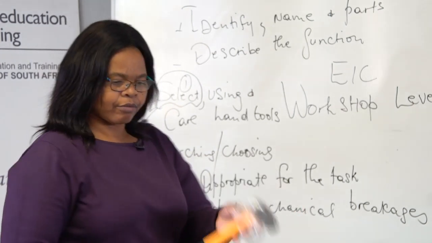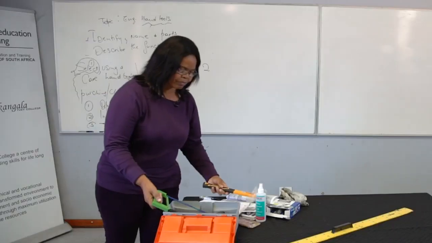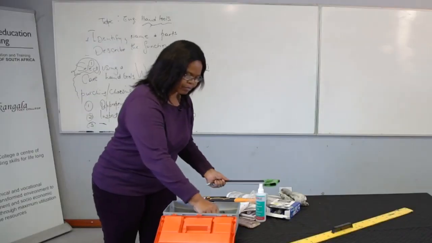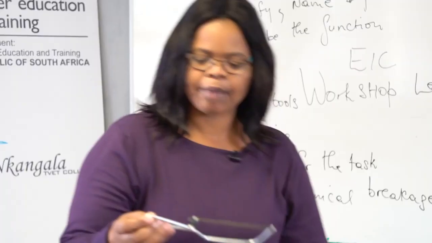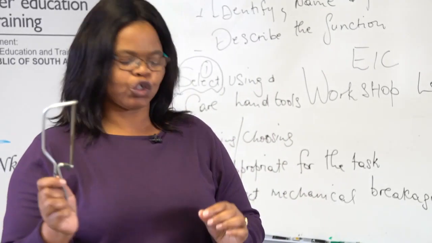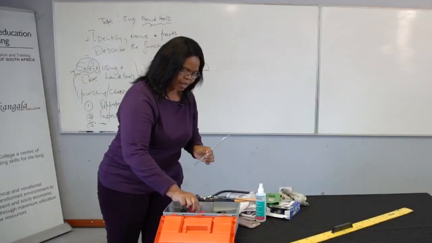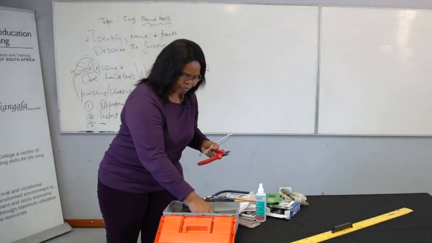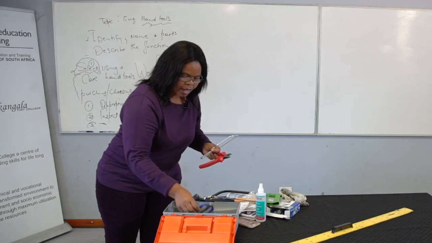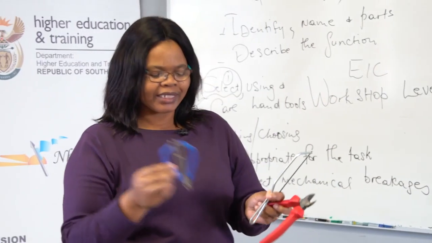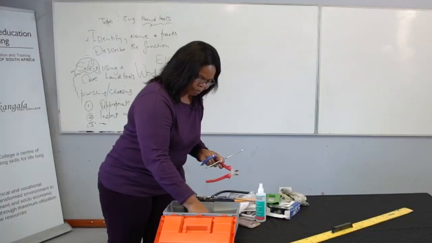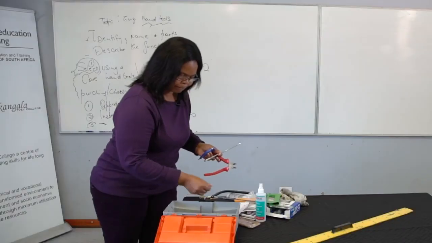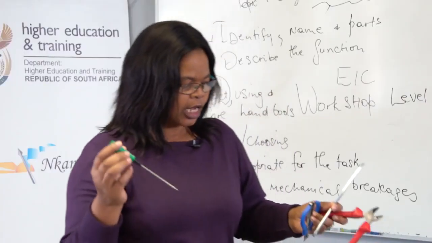This is my hacksaw. This is another type of hacksaw that we call the junior hacksaw. This one is a plier. I also have a wire stripper. This is a long nose plier. This is a screwdriver.